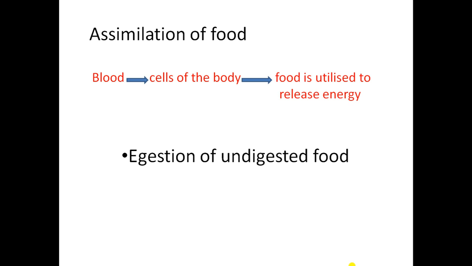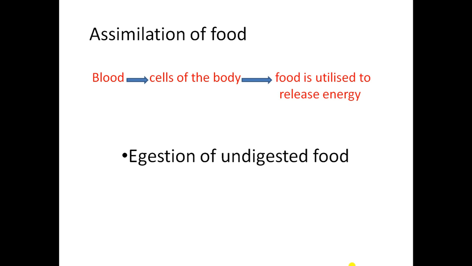This is known as feces, and it is stored for some time in the rectum, and feces are then passed out from the body through the anus. This process of passing out or removing the undigested food is called egestion. I hope you are able to understand.